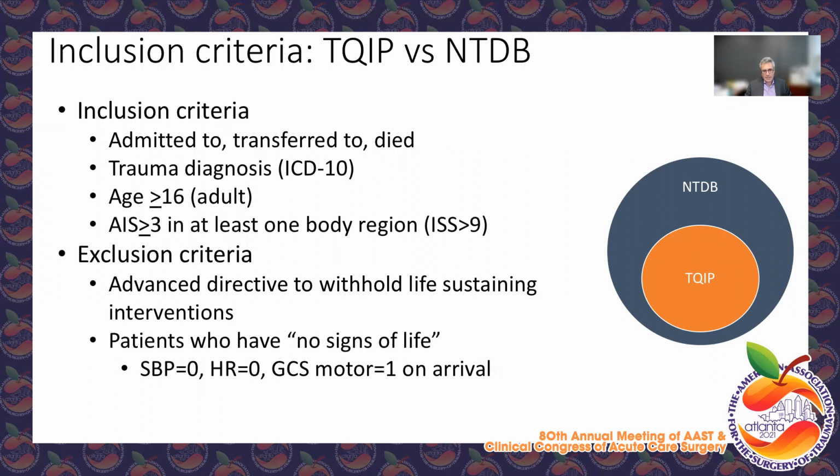If you have an advanced directive that limits life-sustaining interventions, you're excluded. Or if you come in with no signs of life, you're also excluded from TQIP, but potentially included in the National Trauma Data Bank. So we probably capture a good number of patients in TQIP who are entered into the NTDB, but not all patients, as you can see here.